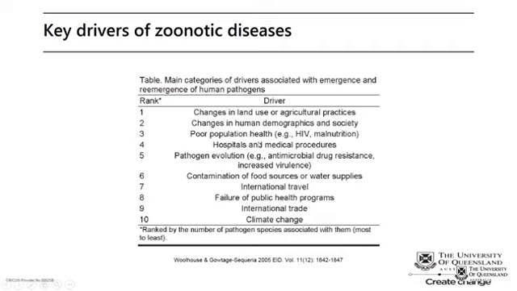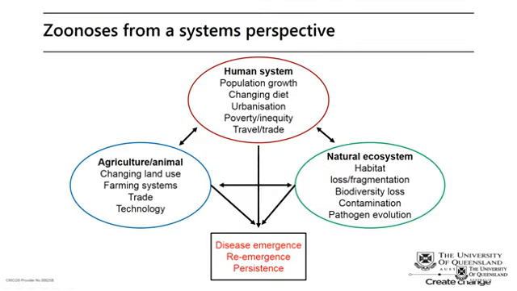They are fairly broad and system-wide issues. So poor population health, and that's also linked to issues of poverty and environmental contamination, and so we've got a series of issues that are interrelated.